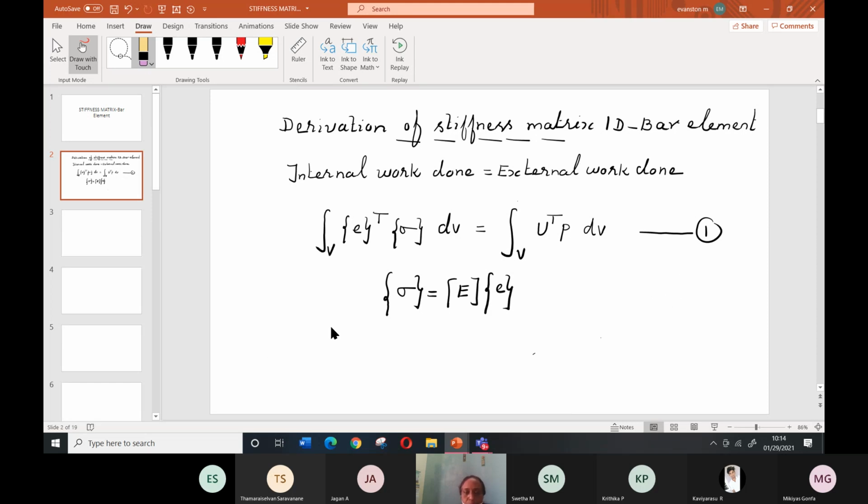Then, can I substitute the value of the stress here? Before that, I want to find out the value of E. So now I have written the expression for the stress. I will write for strain. I told what strain is.